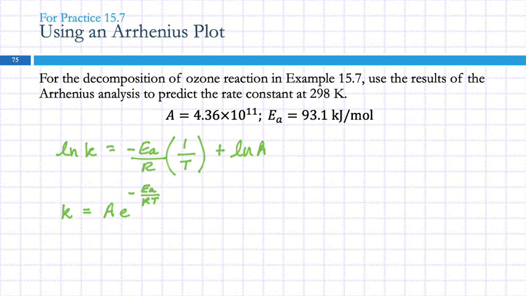You guys have a preference? Which one you want to use? The one on top? Okay, let's use the one on top.